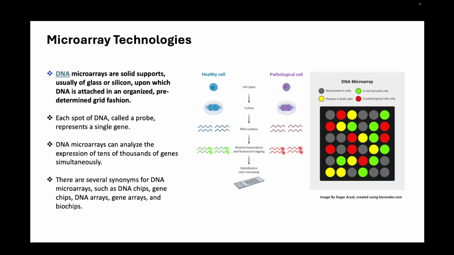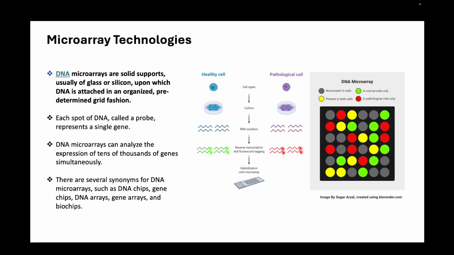I'll not talk much in detail about microarray technologies, but you need to know the basics of how this technology is used. Because even now, if you go to certain databases, for example, Gene Expression Omnibus, which is GEO, and find transcriptome databases, you'll find a lot of data sets that have studied RNA expression, basically gene expression, using microarray technologies.